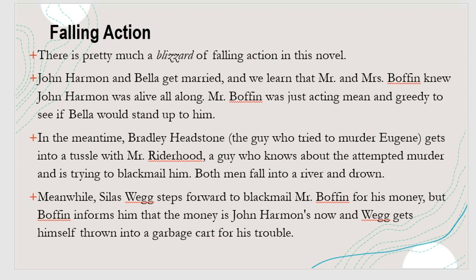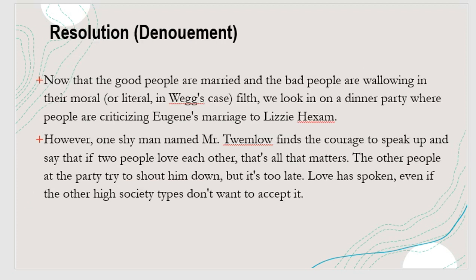He failed in tracing and following Mr. Boffin, all for nothing. And at the end of the whole plot, when we talk about the resolution, which is also called the denouement, you know what happened at the end. It's the marriage between John Harmon and Bella.